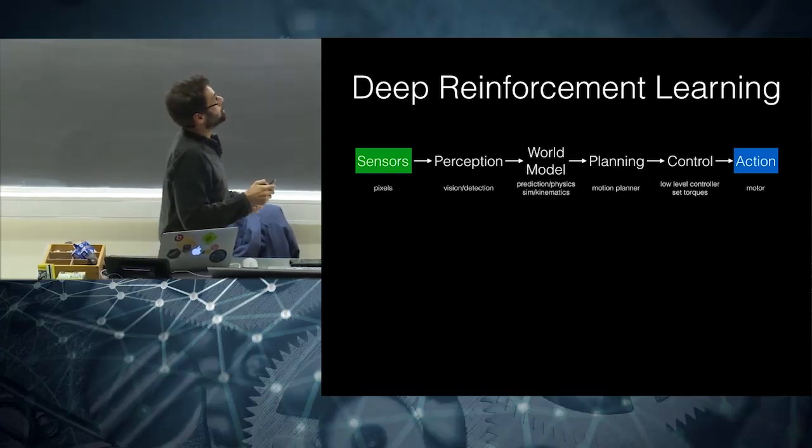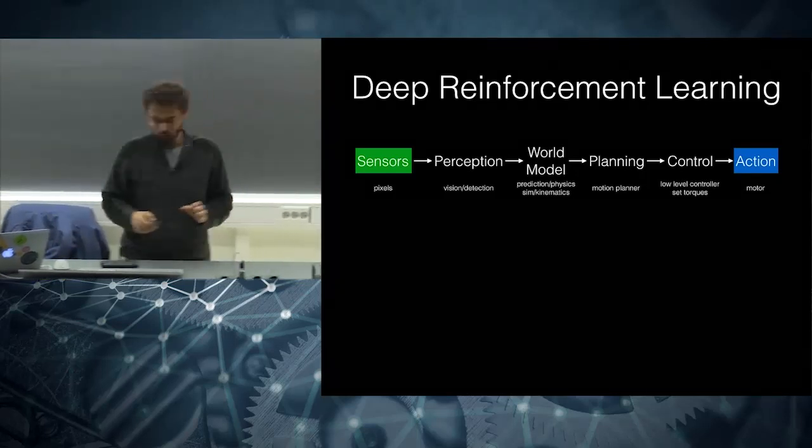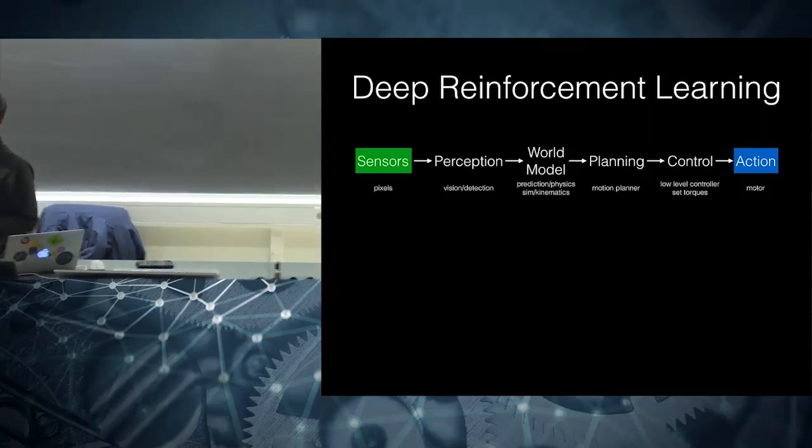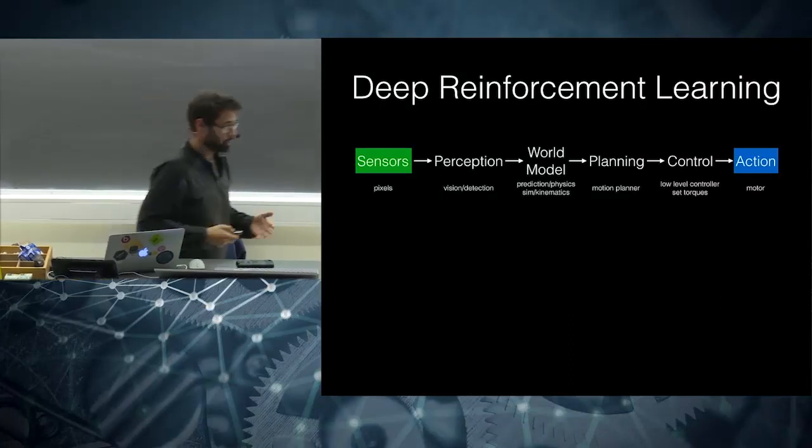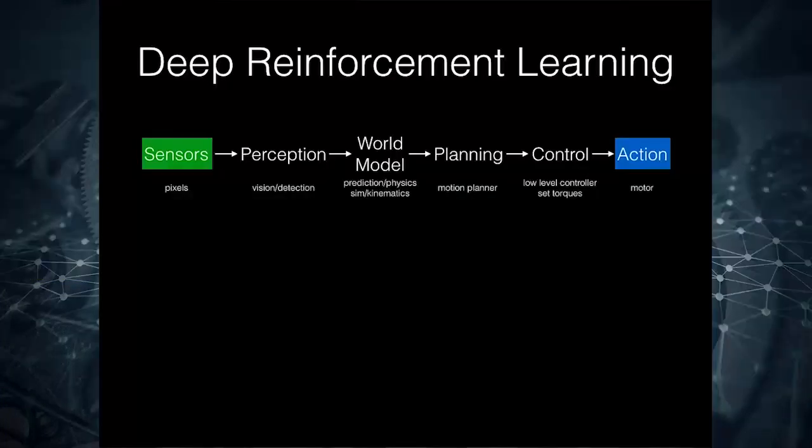Well, just a brief sketch of the traditional way some robotics problems have been tackled, and they are still very useful ways. So the robotics learning pipeline essentially goes from sensors to action through a series of steps.